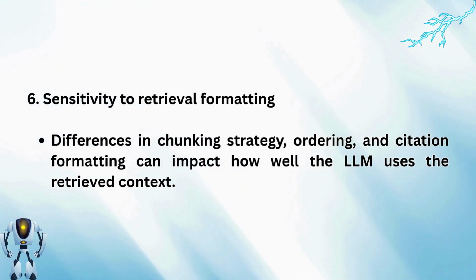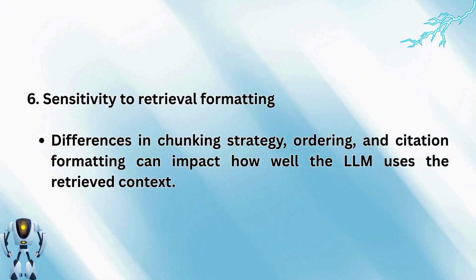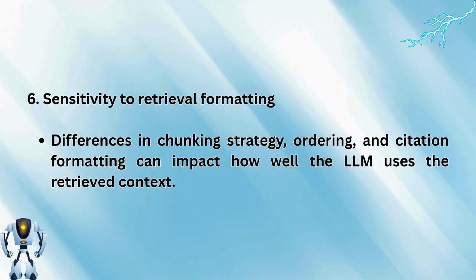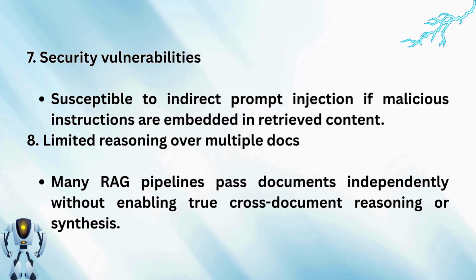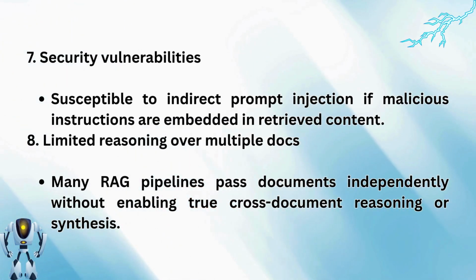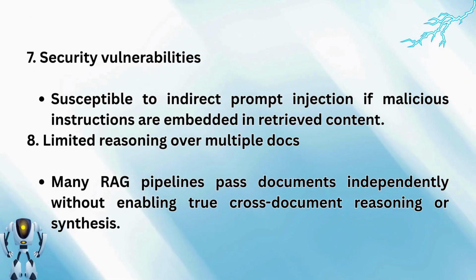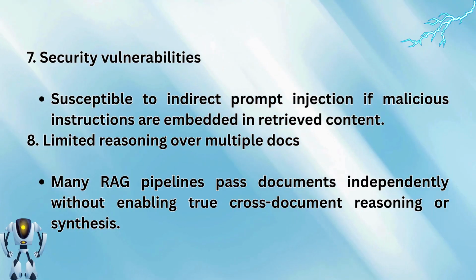6. Sensitivity to retrieval formatting. Differences in chunking strategy, ordering, and citation formatting can impact how well the LLM uses the retrieved context. 7. Security vulnerabilities. Susceptible to indirect prompt injection if malicious instructions are embedded in retrieved content. 8. Limited reasoning over multiple docs.